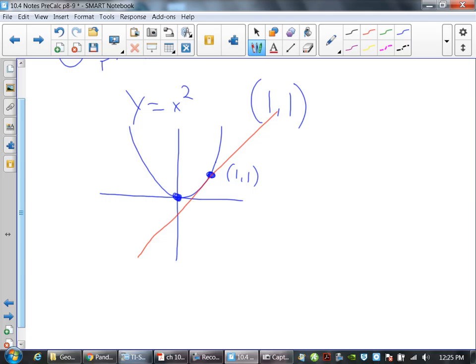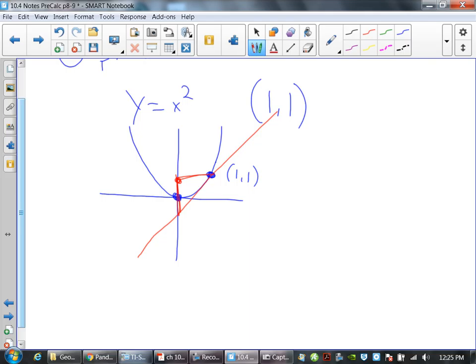So in order to do this, what we're going to find is that whatever the distance is to the focus, the distance from here to here is going to have to be the same distance from here to here. And that's what's going to allow us to figure out what our lower value is in this case, since it's opening upward. So we need to figure out where the focus is.